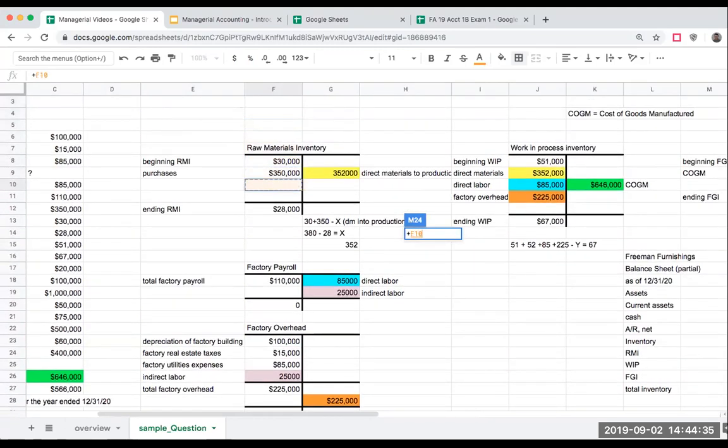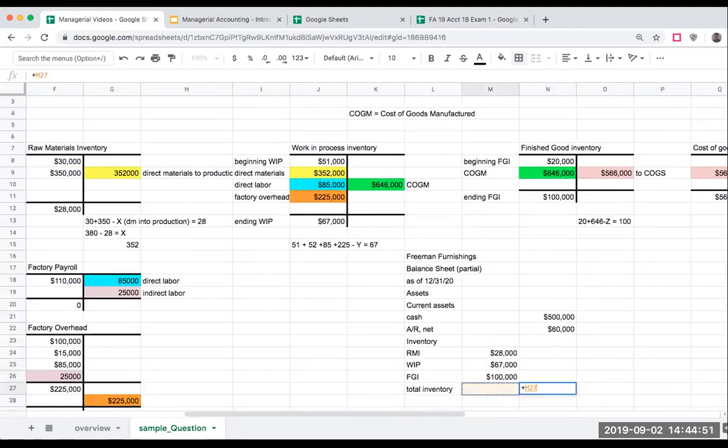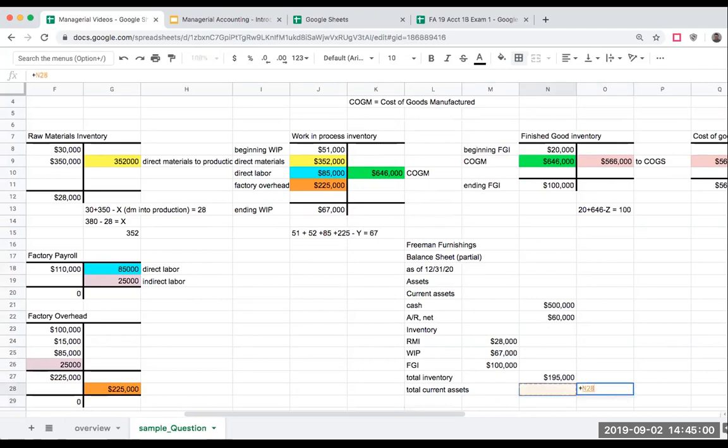My ending raw materials inventory was $28,000. My ending work in process inventory was $67,000. My ending finished goods inventory was $100,000. So my total inventory is going to be $195,000. My total current assets is going to be the sum of my cash, my accounts receivable net, and my total inventory, or a total of $755,000.